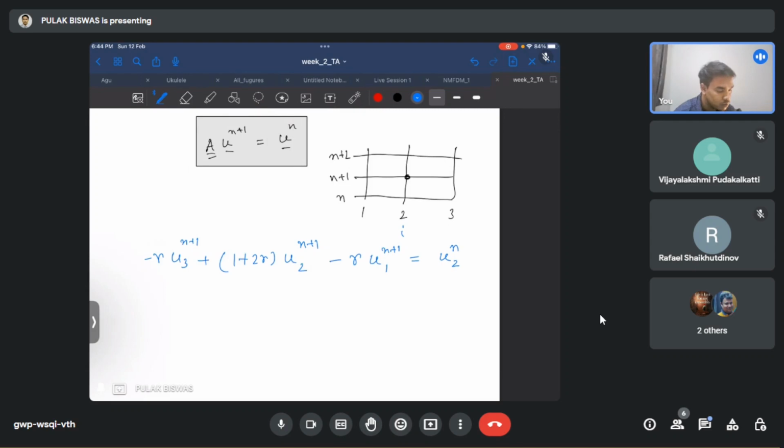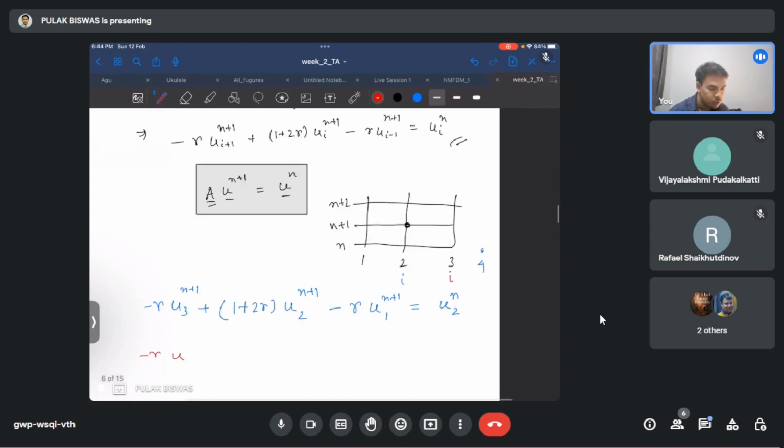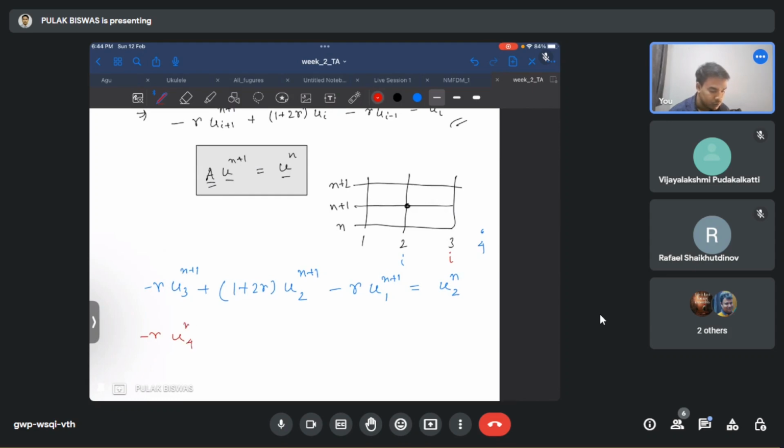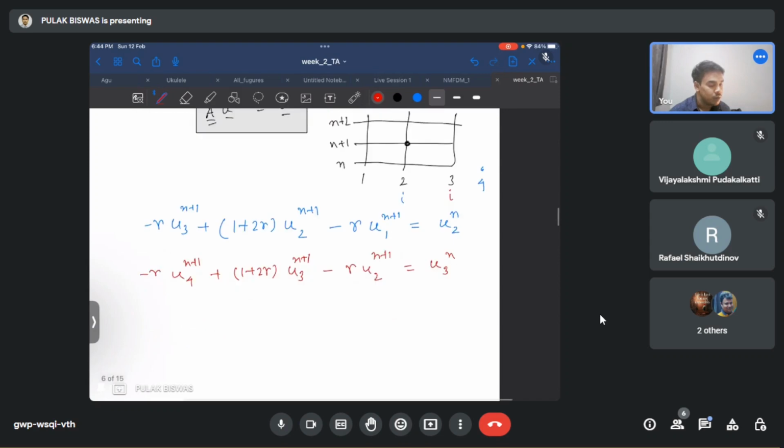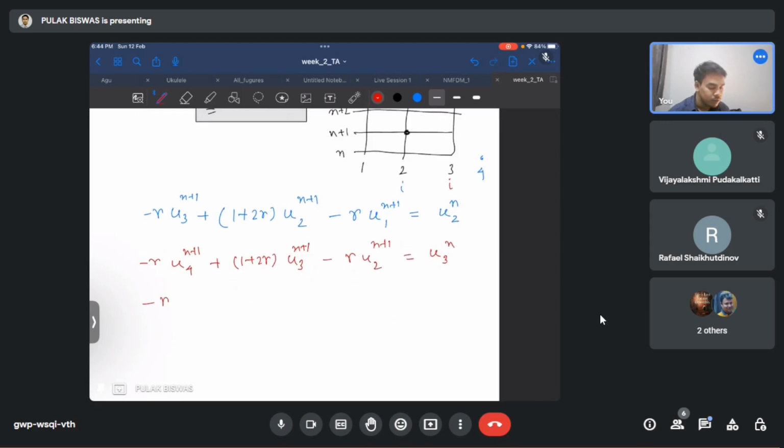Similarly, suppose there is another point, a fourth point. For that case your I will be 3. So at that time this one will be u4, u2. Similarly, others will be there as well.